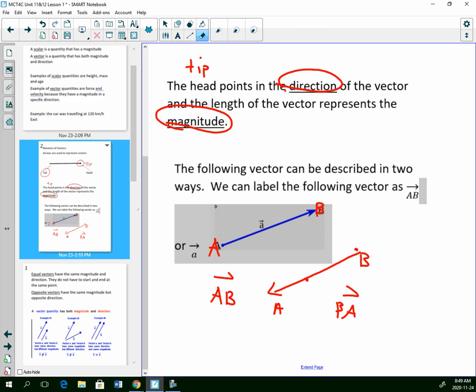This would be described as B to A, so that is a different vector than A to B. So start and end are important. Or you might just describe it as a single letter, so I might just say that's vector A. That's just labeling it.